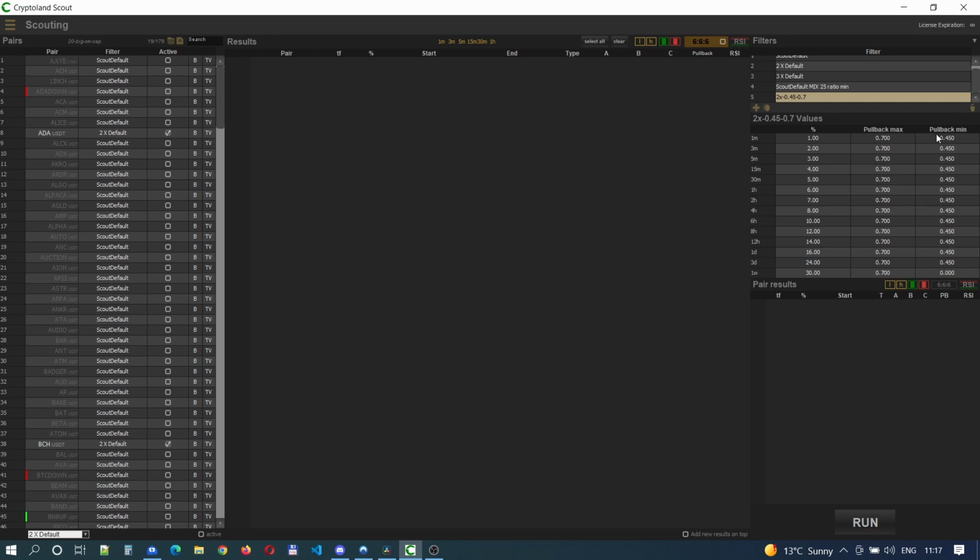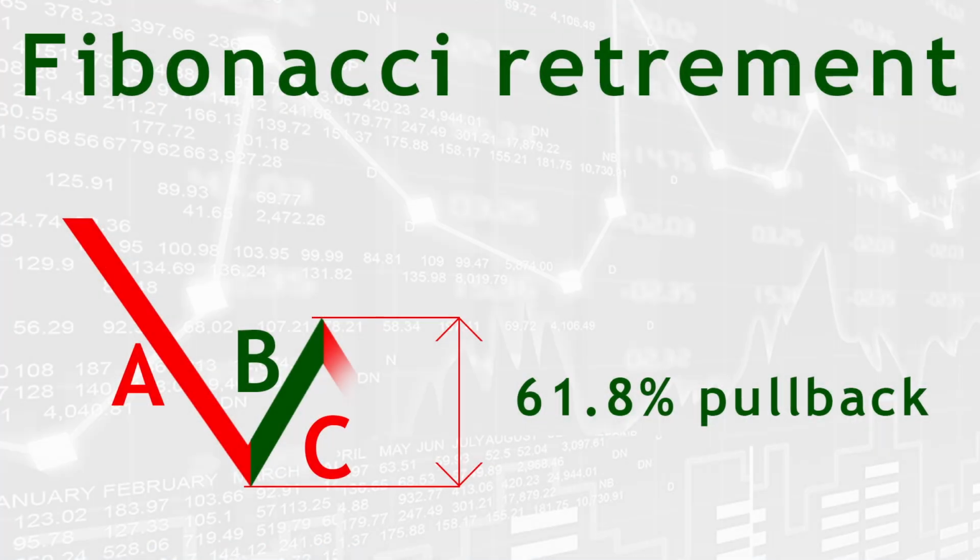The filters that determine the maximum and minimum pullback are a real treasure of Cryptoland Scout. After the change in the price that we have already defined in the previous step, we will also define how interesting the pullback is. Let's say that when using some of our strategies, we want to target the area from fib level 50% to fib level 61.8%.